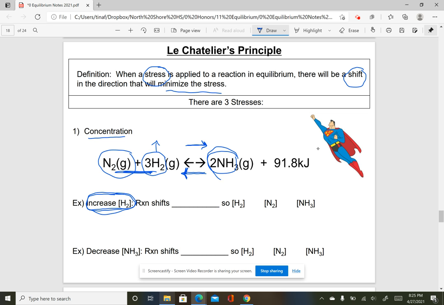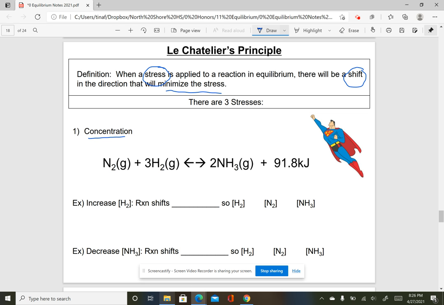I would be taking these ammonia molecules and breaking them apart and turning them into H2 and N2. So if I'm literally turning ammonia into H2 and N2, what's happening to my amount of H2? It would go up even more, which is adding to the stress. So you always want to choose the direction that's going to make that stress go away.